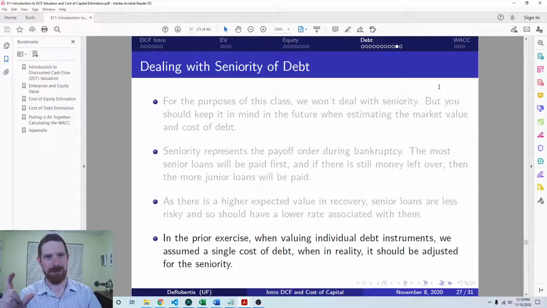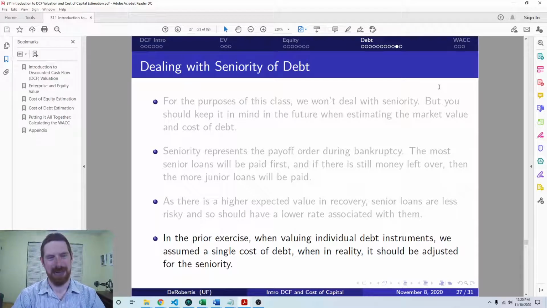So here, say there's 3 levels, a senior, a junior, and kind of a medium level of seniority. Then you would just take these as 3 categories and you would find the costs of debt within each of these categories and keep them separate in the analysis. So it's not going to be a big change beyond what we're doing in this class, but it does complicate matters a little bit. And so that's why we're not handling that here, but it will be easy to extend into that after you understand the basic process.